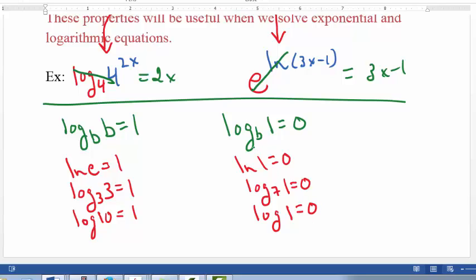Where did this come from? When you raise any base, any positive number, to the 0 power, you get 1. You got 1 with an exponent of 0. So those are two additional properties, in addition to the inverse properties, that you want to remember.